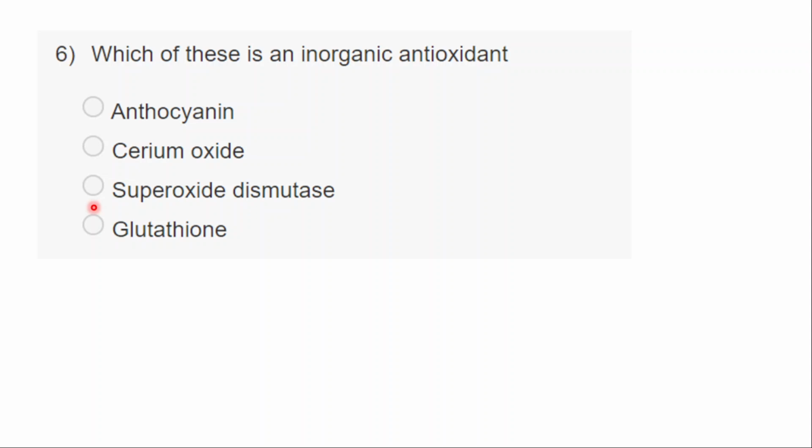I hope you can see my screen. Which of these do you think is an inorganic antioxidant? Anthocyanin, cerium oxide, superoxide dismutase, or glutathione?